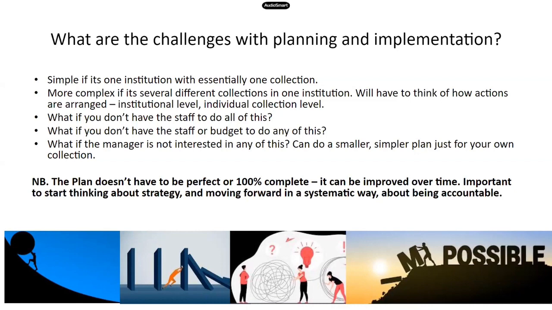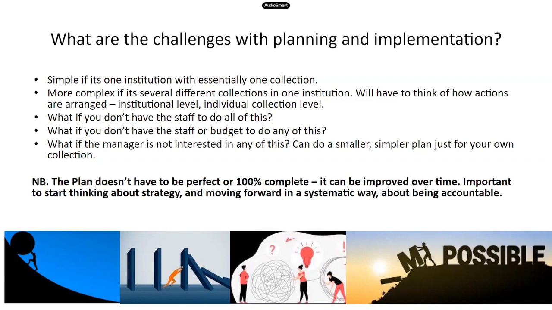So it's simple to do a plan like this if it's one institution with essentially one collection. If you've just got one collection, you can do a plan and you don't have to think about too many other things.